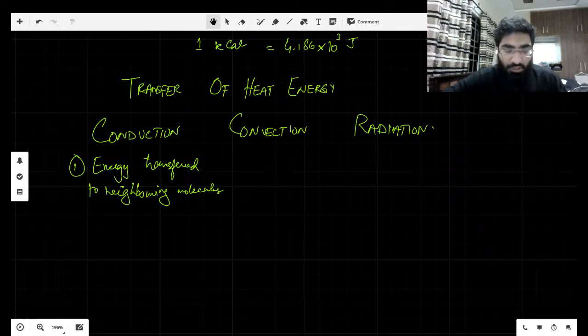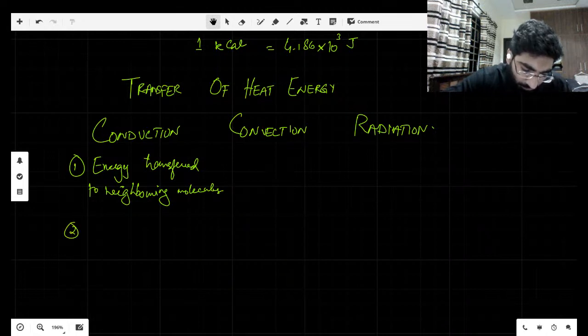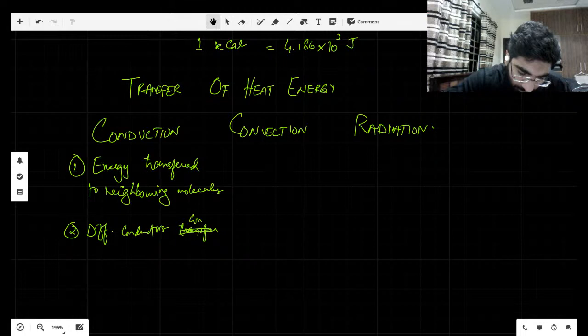The next thing related to what you brought up is, do all conductors conduct heat the same way or at the same rate? No. Different conductors transfer or conduct heat at different rates.